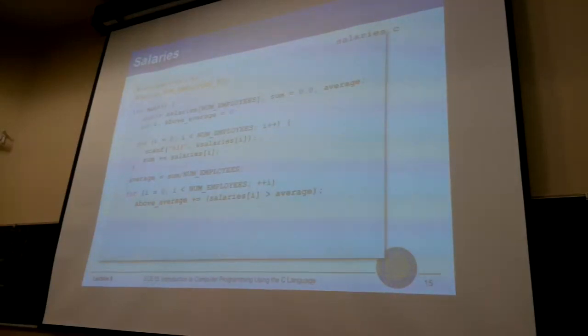So the size of the array is decided by this declaration, not by the usage of the array. Obviously, when you write your program, you have to keep in mind how you're using the array. So, for example, let's say in this for loop, we added a way for the user to exit. So maybe we could have added some logic so that if the user entered a negative salary, it would exit out of the for loop.